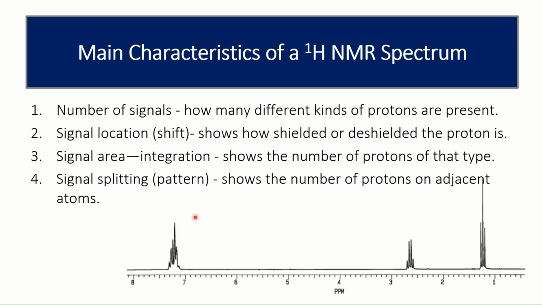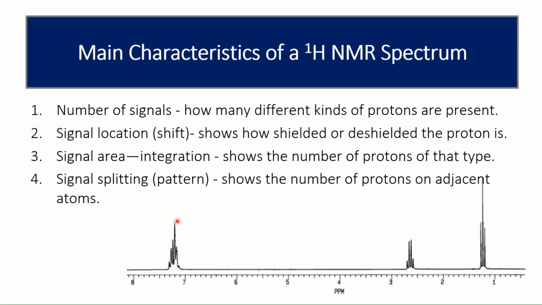The location, i.e. we call this a chemical shift, it's in parts per million. It is a frequency scale here on this x-axis, and you can see that this signal is at 1.2 ppm, while this one is at 2.6, centered around 2.6 ppm, and this signal is centered around 7.2 ppm.